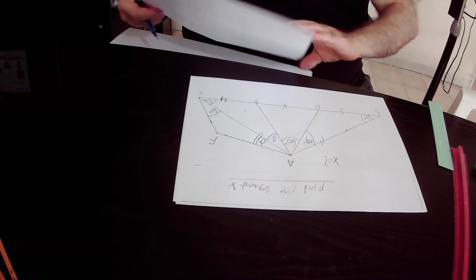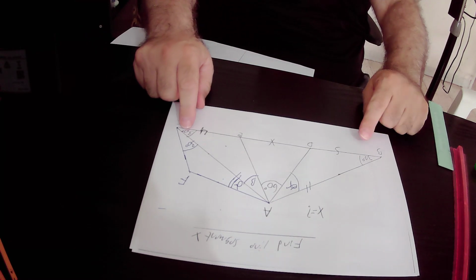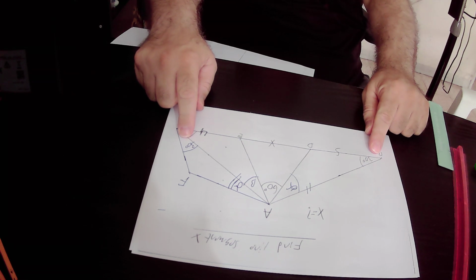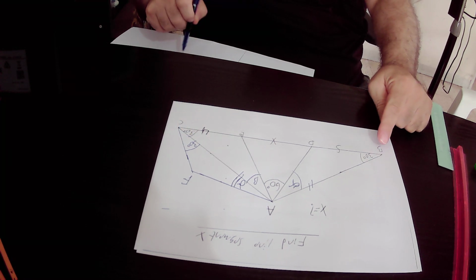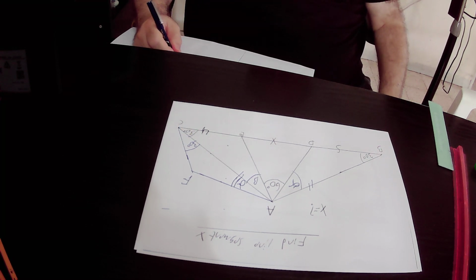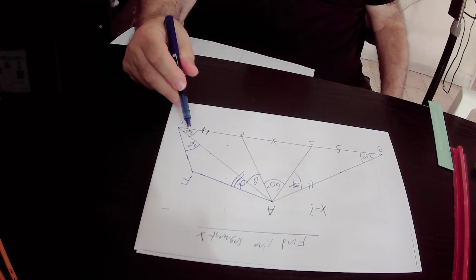And finally, those two angles are both equal to 30 degrees, therefore they are equal to each other. So this angle, angle ABD, is equal to this angle, angle ACF.